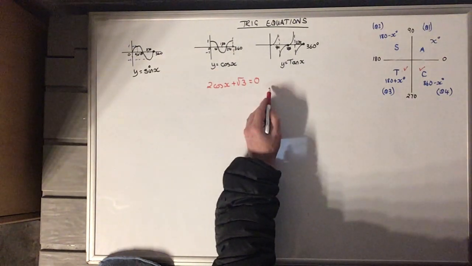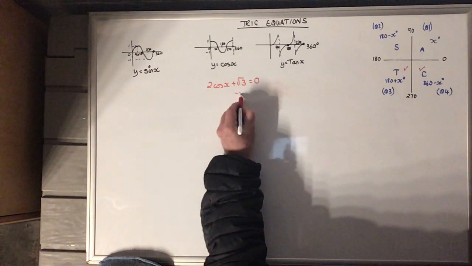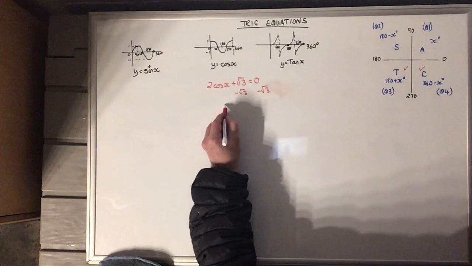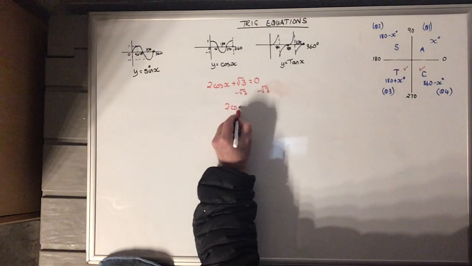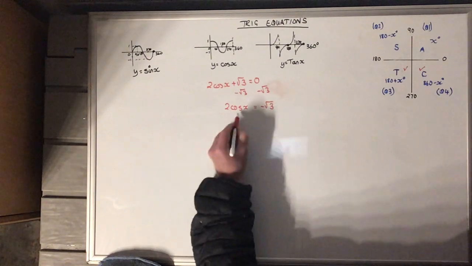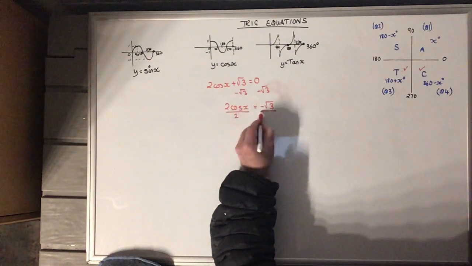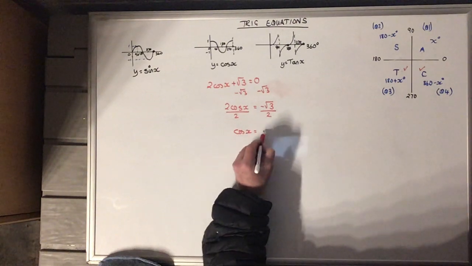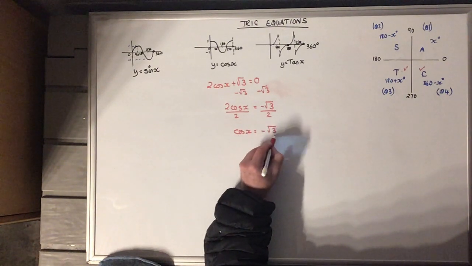Take away root 3 from both sides, so we're going to subtract root 3 from both sides. So I'm left with 2 cos x is equal to negative root 3. Divide through by 2. So cos x then is equal to negative root 3 over 2.